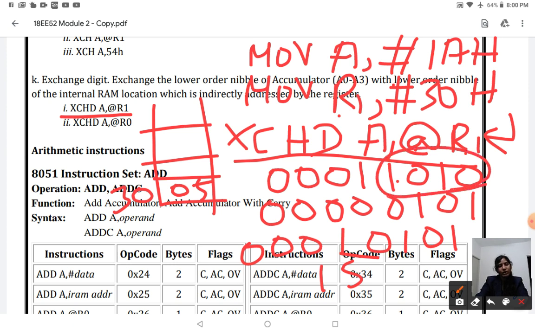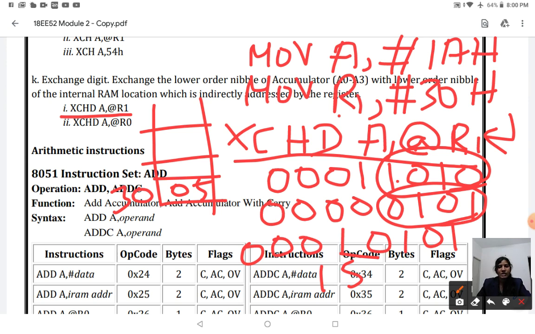The lower order nibble of your accumulator is exchanged with the lower order nibble present in your memory. This is your exchange digit instruction.